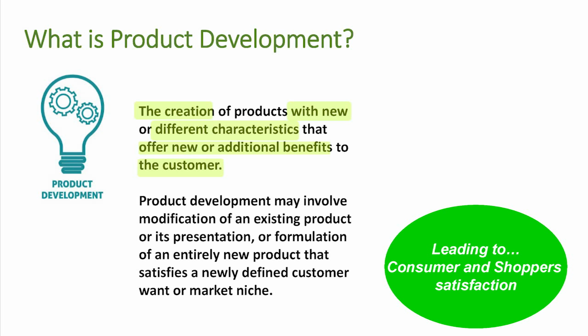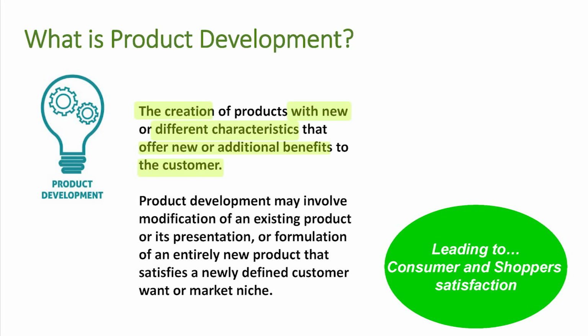So it means that we have to create something, right? The second keyword is new. And the third one is different characteristics. It means that when we talk about product development, we have to bring something new. We have to bring a value addition, okay? We have to bring something different, okay?